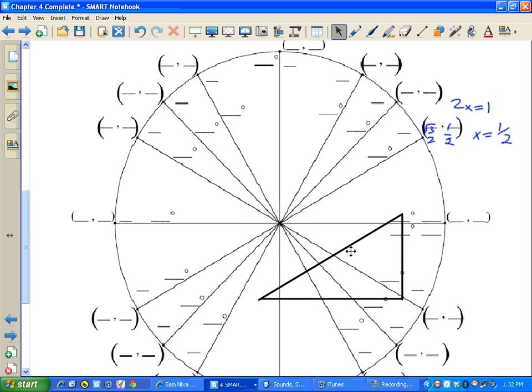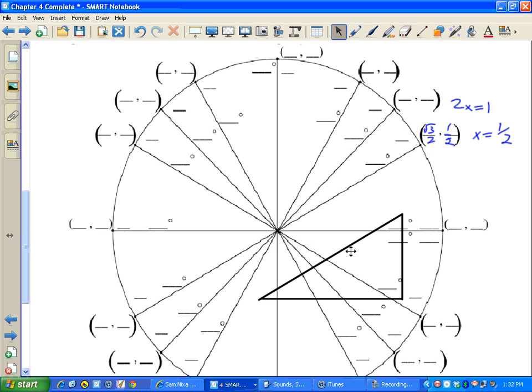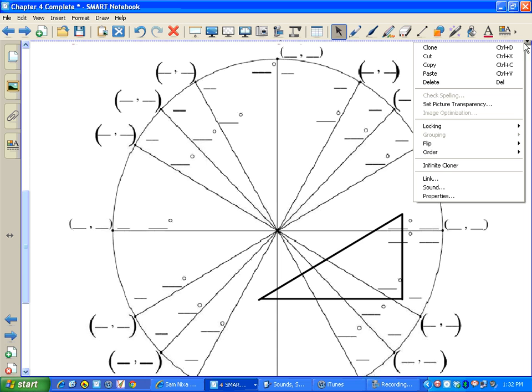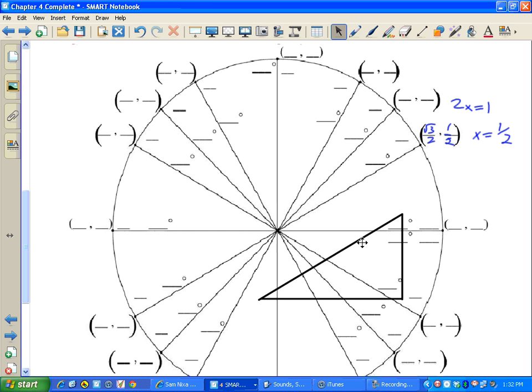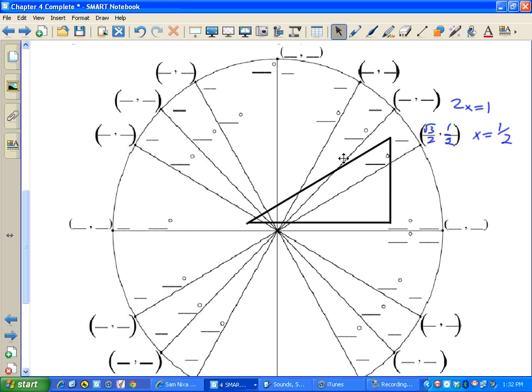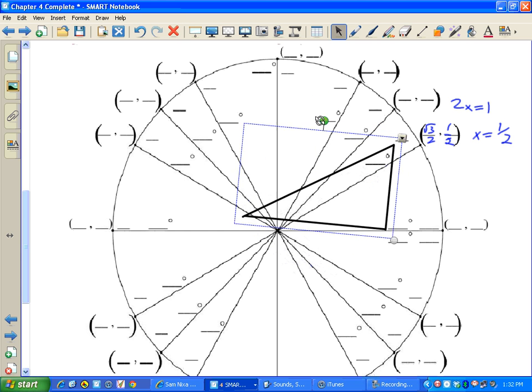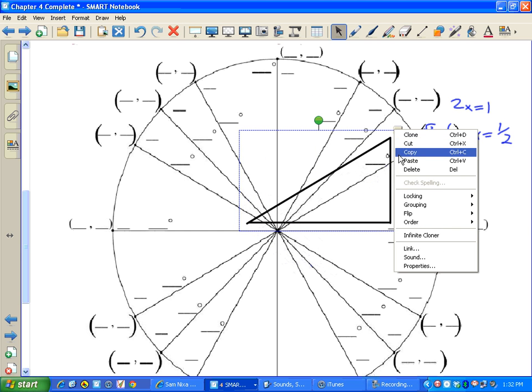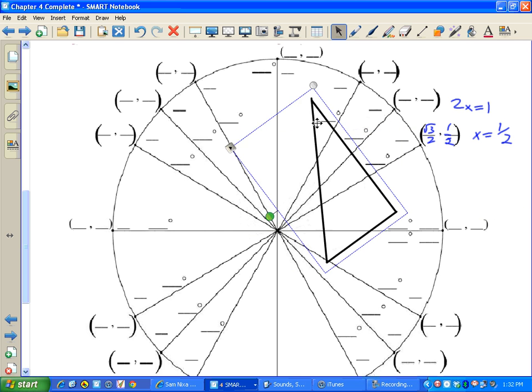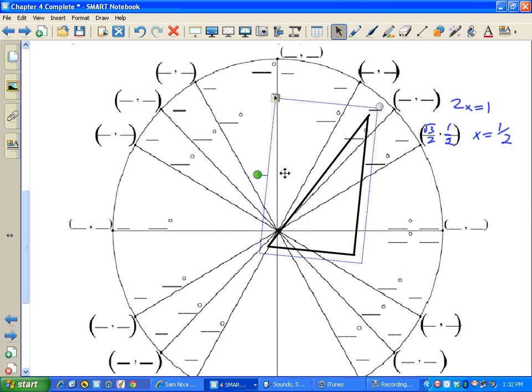So I can put, okay, I can put this, let's see, and I always want my hypotenuse to be my radius, so I'm going to flip this around here. Spin it up. So I've got this.